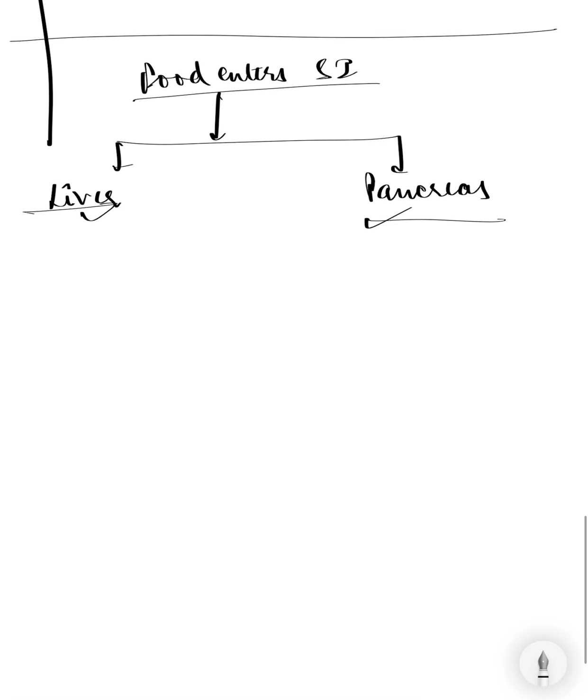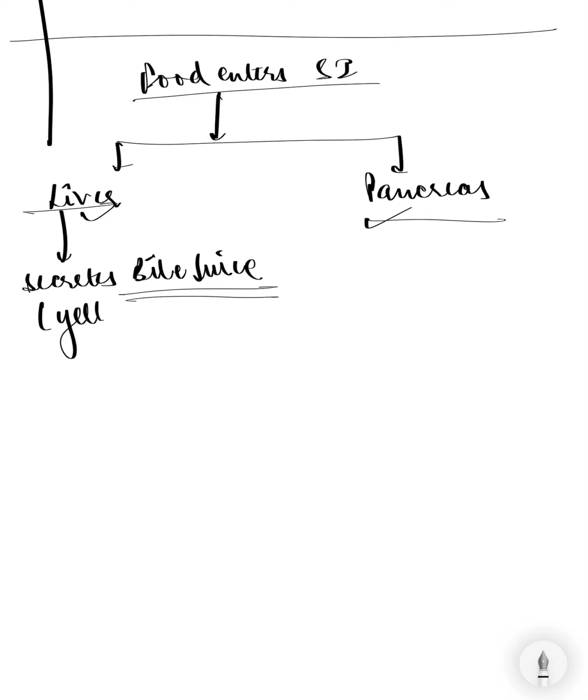Now these 2 secretions are very important, so let's talk about them. The liver secretes bile juice, or we can simply call it bile. It is a yellow colored fluid.